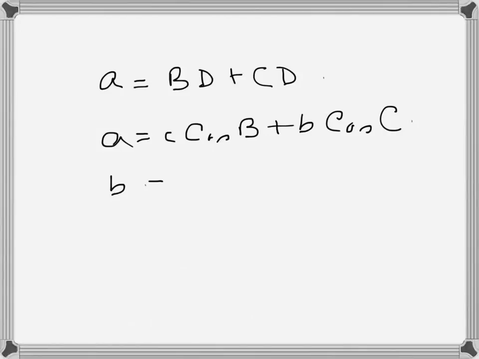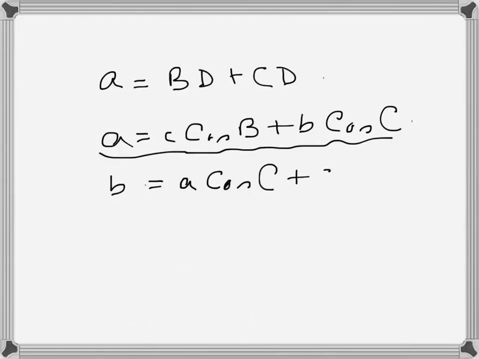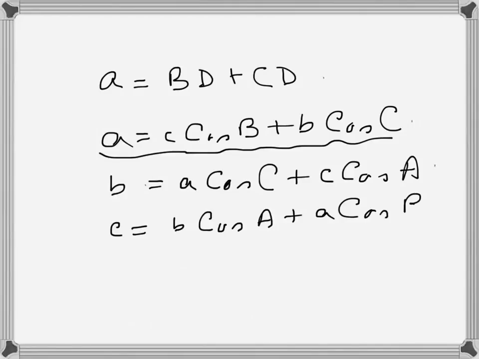We can see a symmetry. So b will be a cos C plus c cos A. Similarly, c will be b cos A plus a cos B.